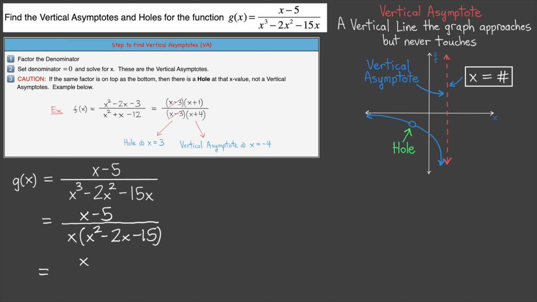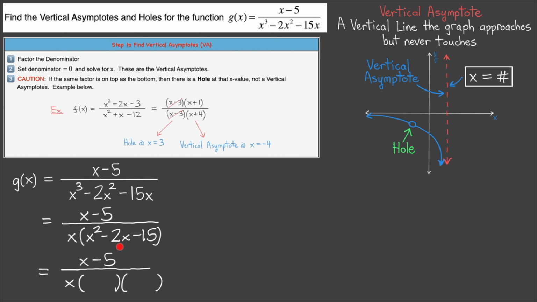All right, our next step is to try to factor the trinomial. So we have 15 here, and notice it's negative, which tells us that the signs of the two numbers must be opposite. So one must be positive and one must be negative. We need two numbers that multiply to 15 that have a difference of 2.